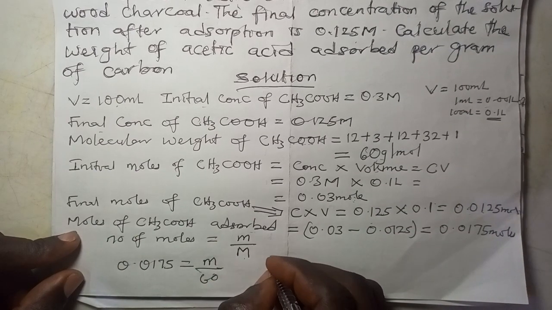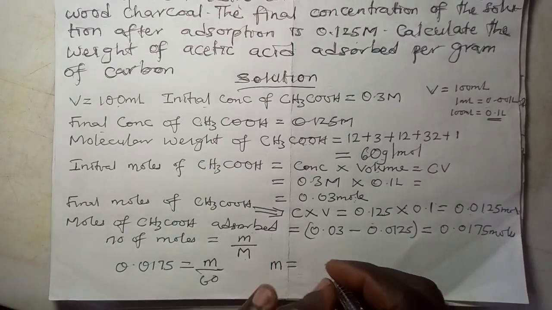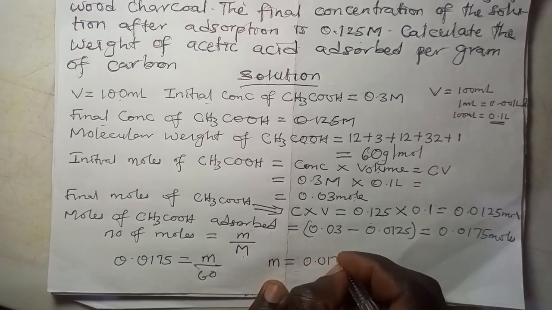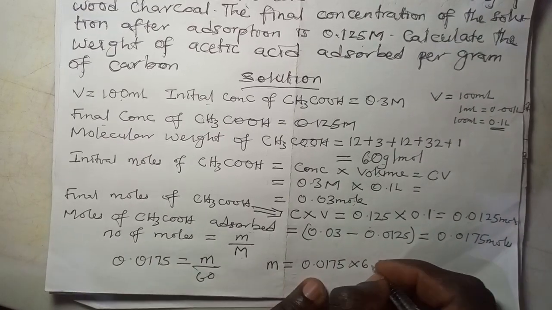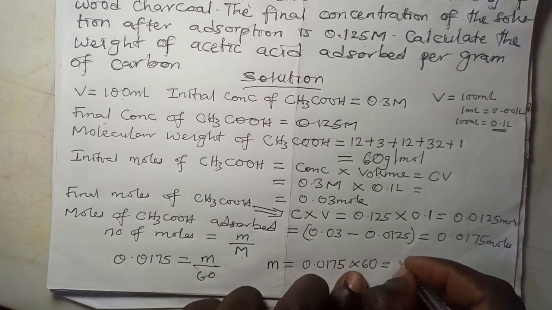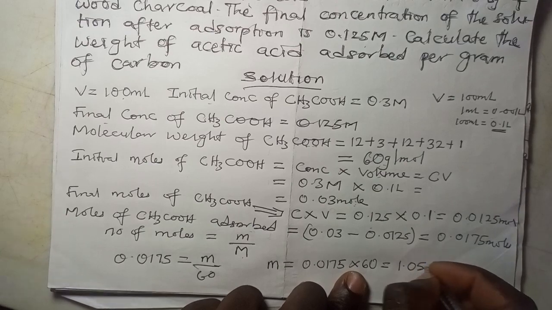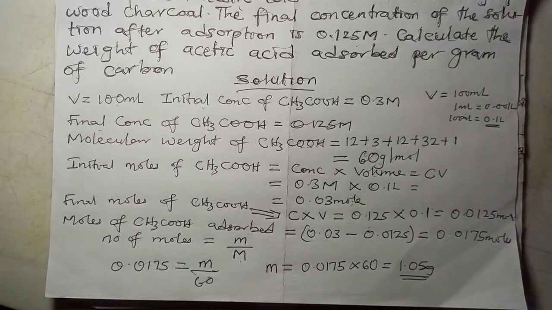So if you cross multiply, the weight of acetic acid will give you 0.0175 times 60. I hope you get me. When you do that, you will be having 1.05 gram.